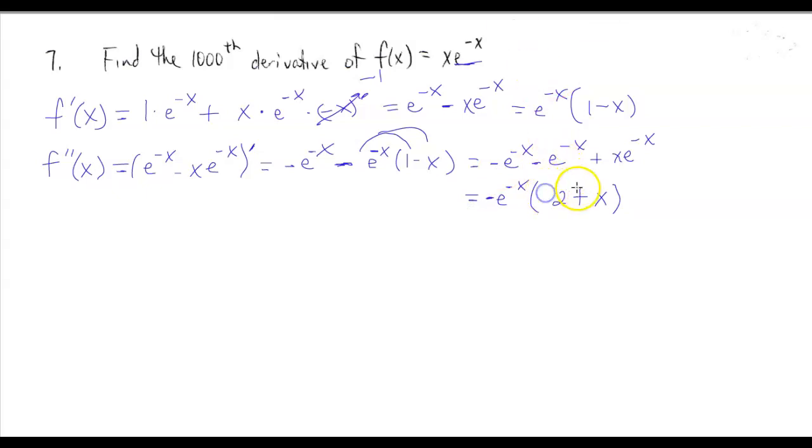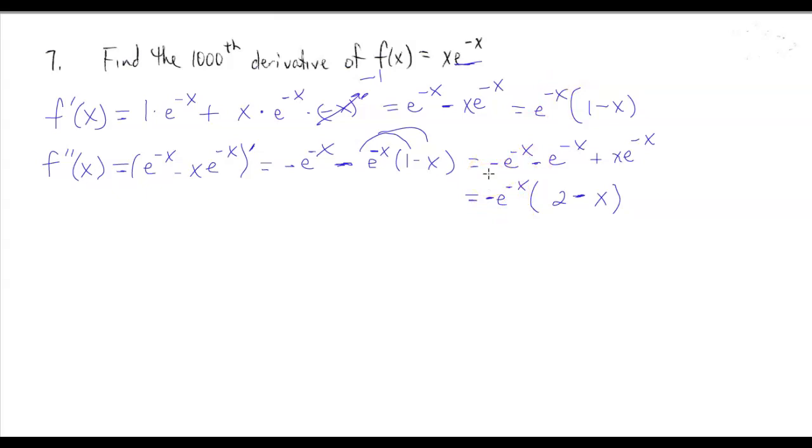And that would switch the signs of these. And notice how what we have for the second derivative is matching very closely with the first derivative. The only thing that's different is I got a 1 here and a 2 here. Here I got a positive e raised to the -x. Here I got a negative e raised to the -x.